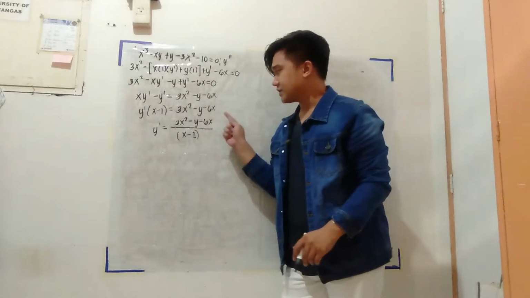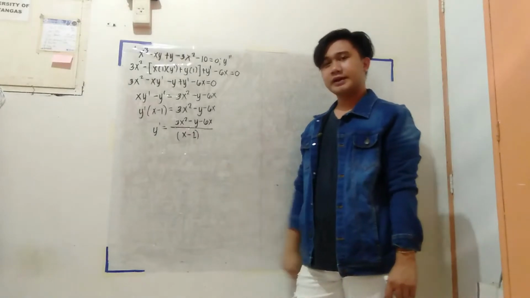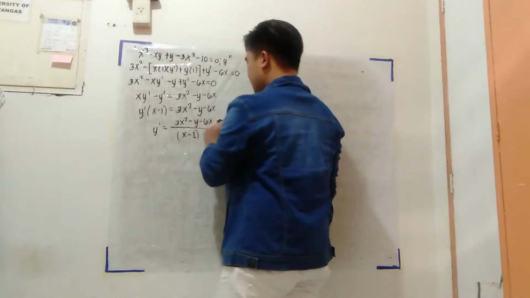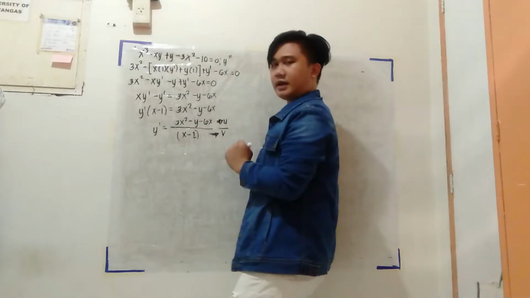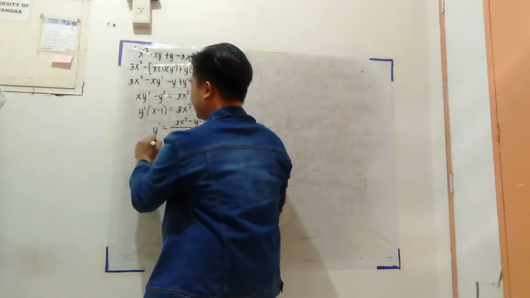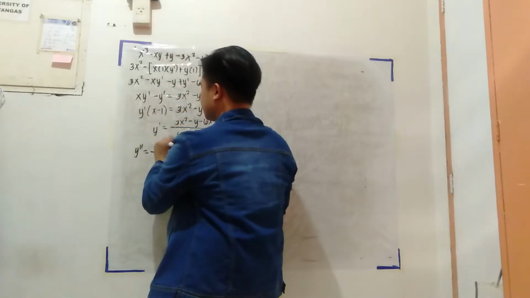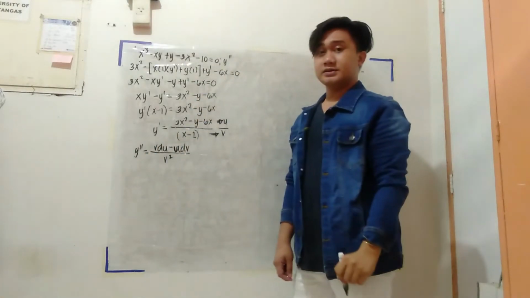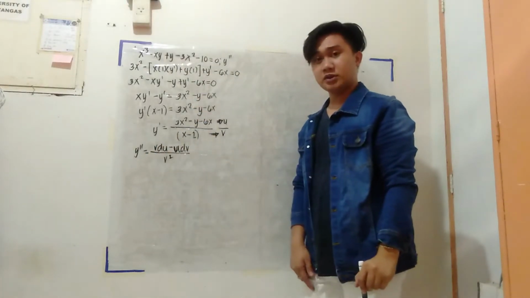Now guys, observe. Diba meron tayong quotient? Meron tayong u over v. And to get y double prime, that is simply v du minus u dv all over v squared. So we have to determine these parameters.